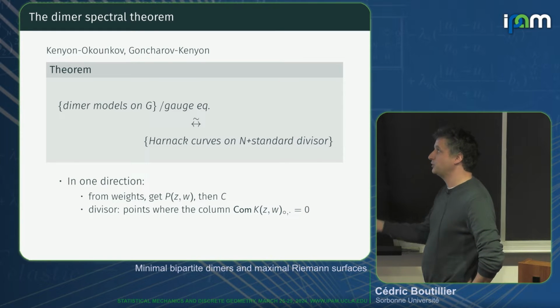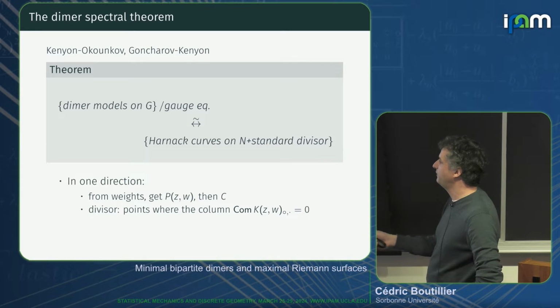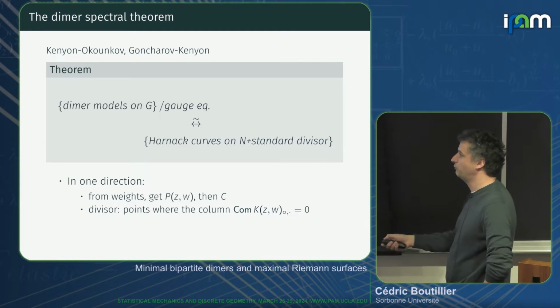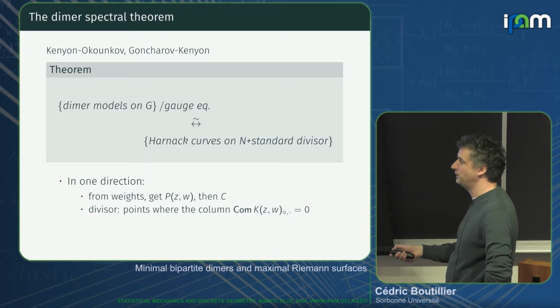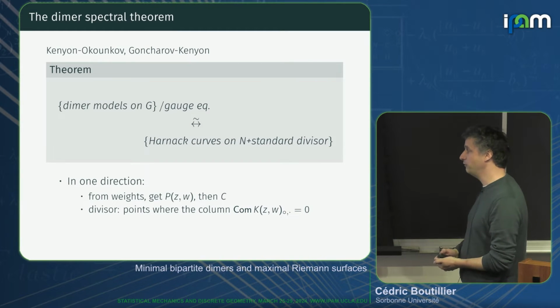So one direction to prove, well, for this map is what we saw. So from the weights, you compute the characteristic polynomial and look at the zeros, which gives you an algebraic curve.